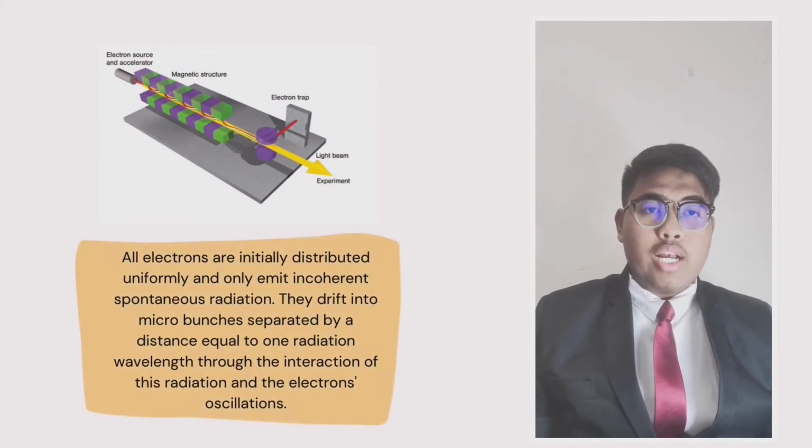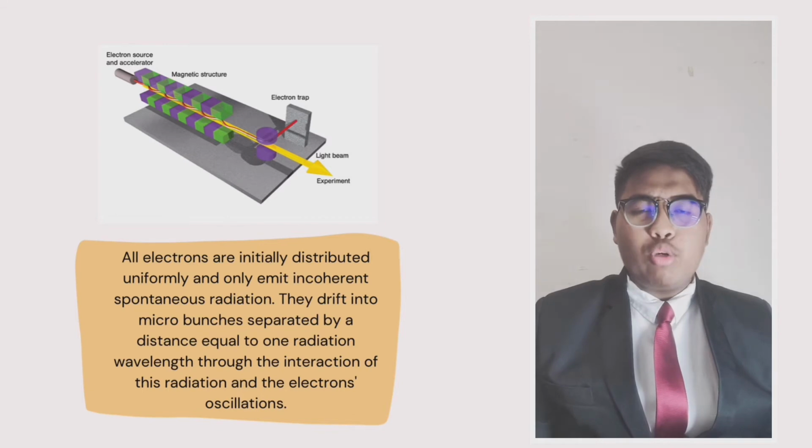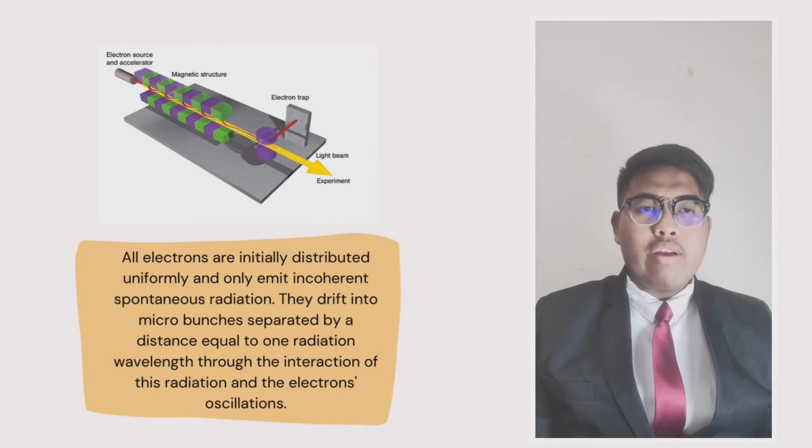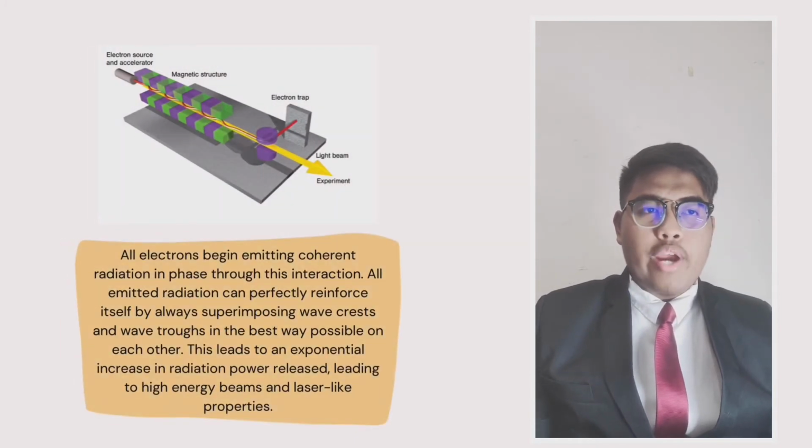All electrons are initially distributed uniformly and only emit incoherent spontaneous radiation. They drift into micro bunches separated by a distance equal to one radiation wavelength through the interaction of this radiation and the electron's oscillation. All electrons begin emitting coherent radiation in phase through this interaction.